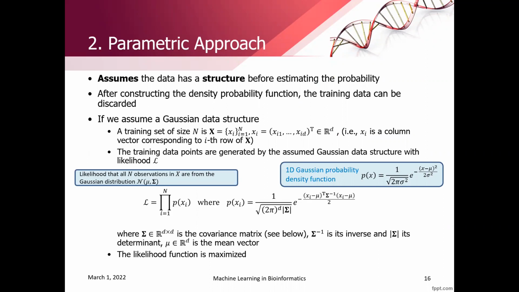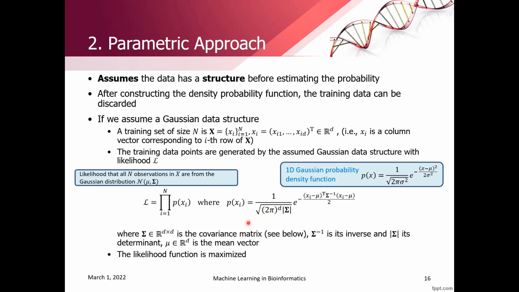Just to be sure, please remember that for the multidimensional Gaussian distribution, the density function is a little more complicated than the density function for one dimension. For the one-dimensional case, we have just standard deviation and mean, just two parameters for the normal distribution.